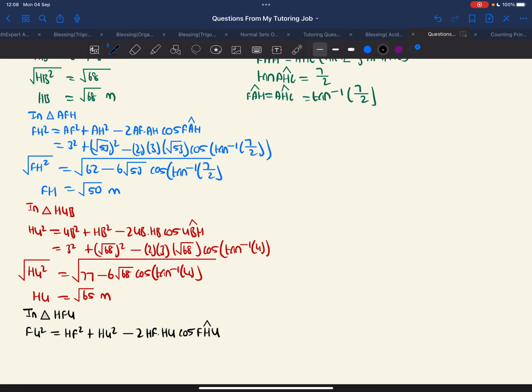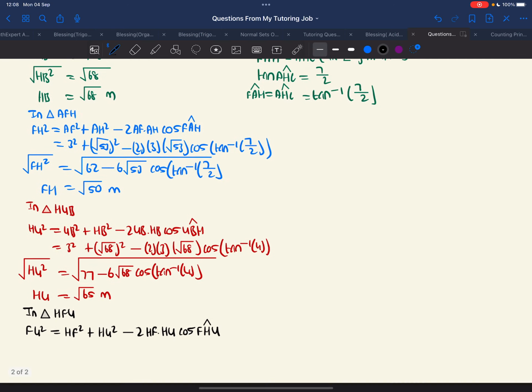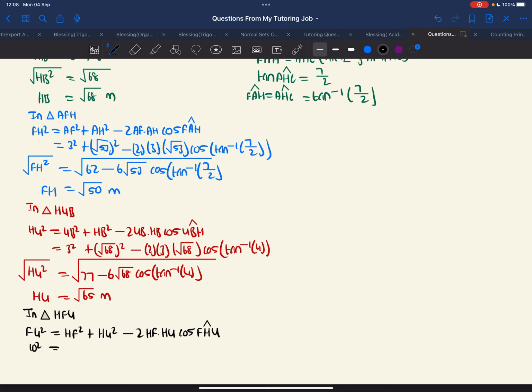Right, now remember we know that FG is actually 10, so it's going to be 10 squared there. FH is going to be square root 50, so square root 50 squared plus square root 65 squared minus 2 times square root 50 multiplied by square root 65 cos of FHG.